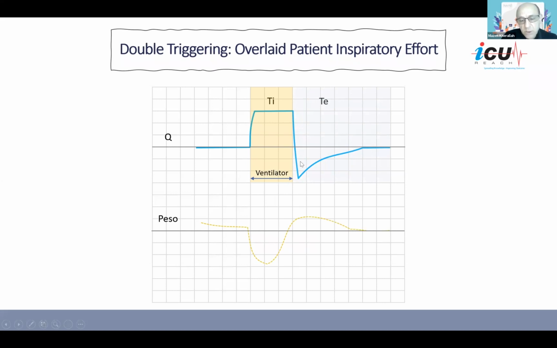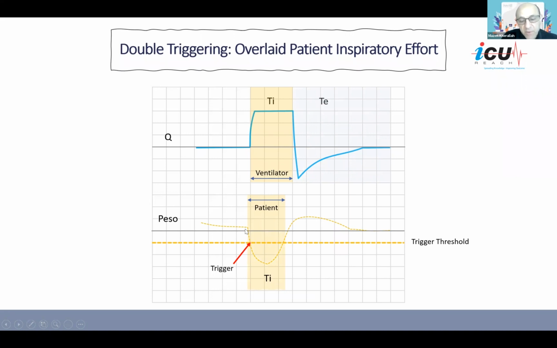Okay, so at the bottom here, what I see is the esophageal pressure, and that means what the patient is doing. As you see, the patient is inhaling earlier than the ventilator inspiratory time. So the initiation of the inspiration is actually at this point here.